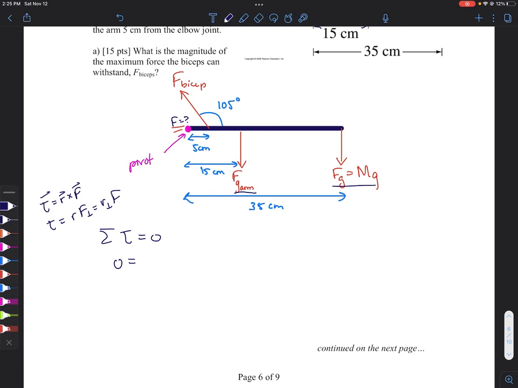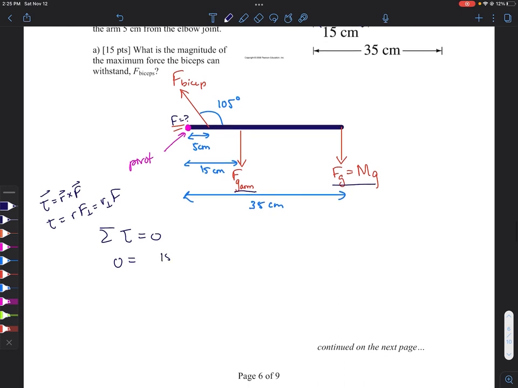So the torque from F_g arm will be the distance, which is 15 centimeters, times this force, which is the mass of the arm times g. And this torque is going to rotate clockwise, so this is a negative torque. For the force from the ball, that's also a negative torque. It's at a distance of 35 centimeters, and we multiply by mg in that case.